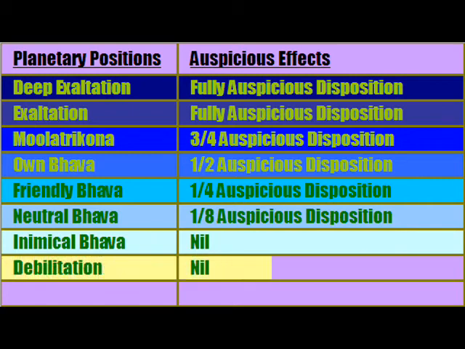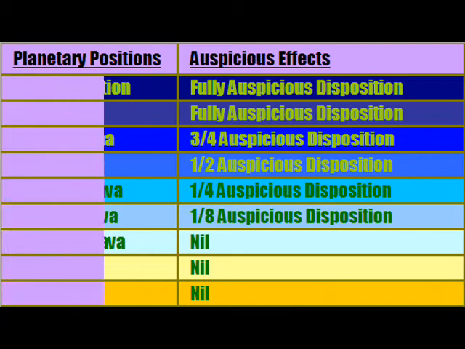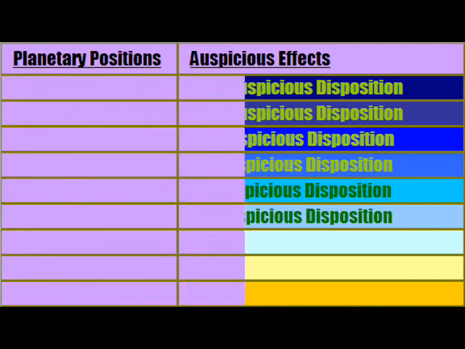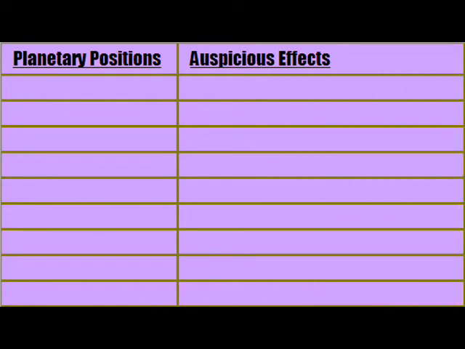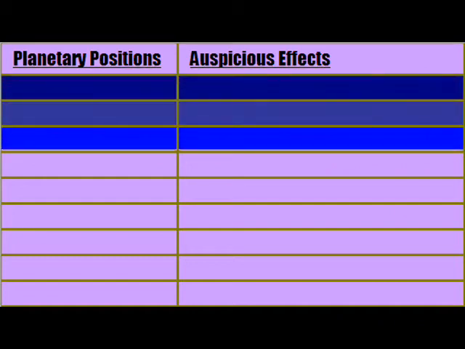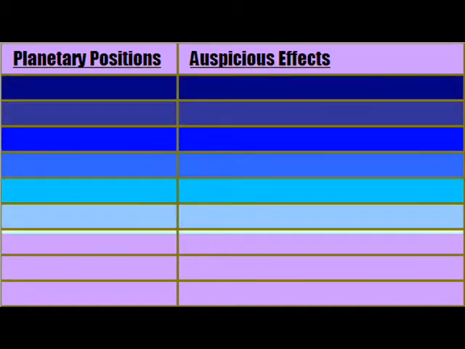Now this chart and the effects mentioned only consider the positional strength of planets, and even that only part of the same is discussed. Other factors considered for positional strength of planets will include, for instance, placements in angular or trinal bhavas, or placements in odd or even signs through which a planet may gain or lose its strength.